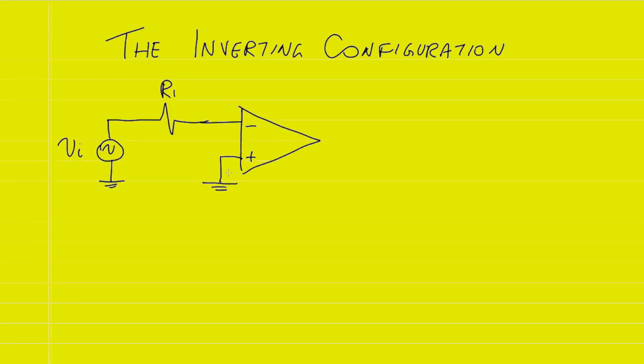The non-inverting terminal is connected down to ground. The inverting terminal also has another resistor, R2, connected to it, and R2 feeds to the output, Vout. The output voltage, Vout, will be measured between the output terminal and ground.